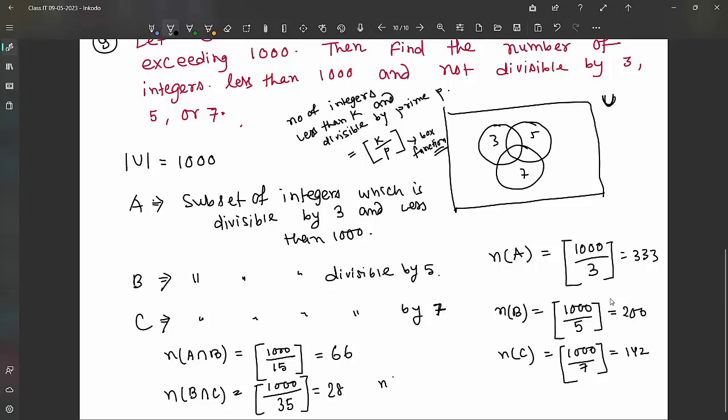N of A intersection C: 1000 by 21 gives 47. And N of A intersection B intersection C: 1000 by 105, the value is 9.